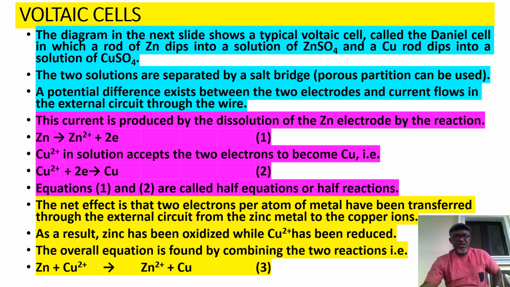Now when we combine the two equations, we will get equation 3, of course, with the two electrons cancelling out from both sides of the equation. So as a result, the zinc will be oxidized while the copper will be reduced, and that will give us this last equation. And it is this flow of electrons in the external circuit that constitutes the current in the voltaic cells.